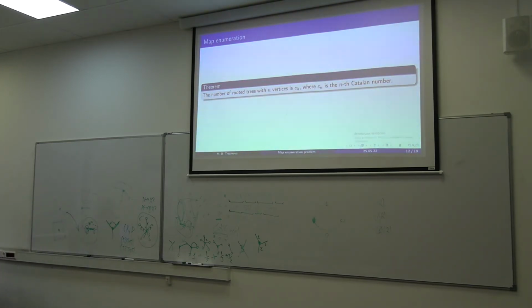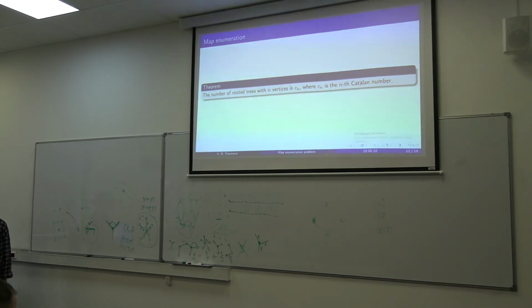And now I will provide you with some examples. You know some examples from school, maybe from the first course of your university. It is a simple example. It is well known that Catalan numbers enumerate the rooted trees.